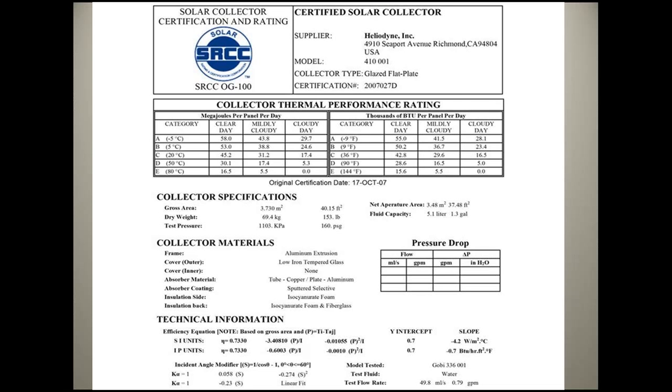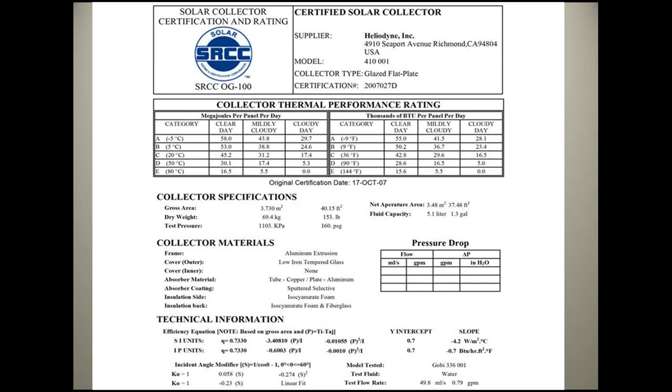Okay, so with your taxes, this is what you add to your taxes, this certification from the SRCC, and it's a certification body in Florida, and they certify both individual collectors and complete systems.